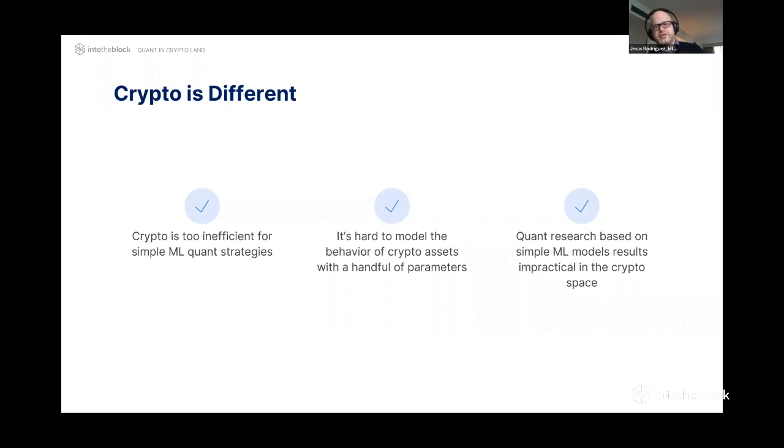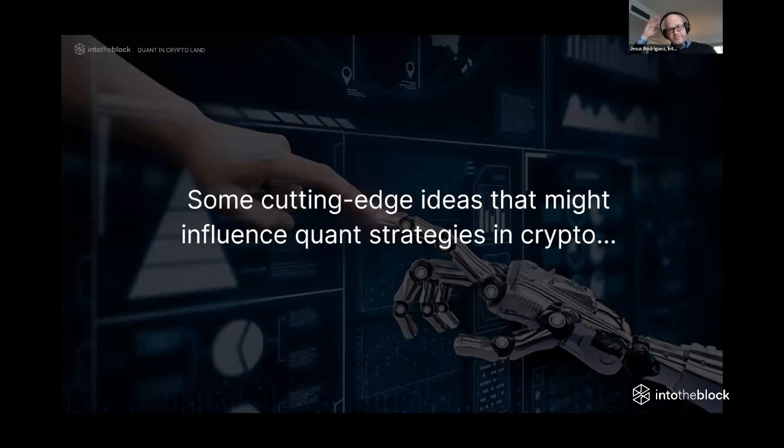Crypto is just too inefficient for that. So those simple models will be very vulnerable to the inefficiencies of crypto. Everything indicates that deep learning, so models that can look at many inputs in order to extrapolate relationships between those, are likely to be more successful than vanilla statistical models.